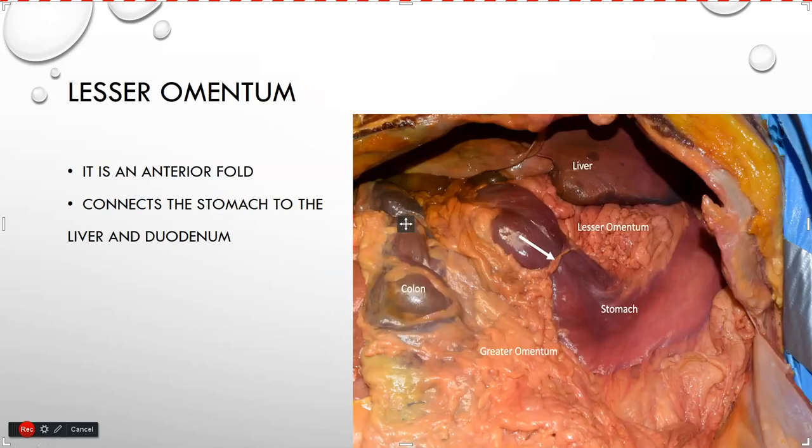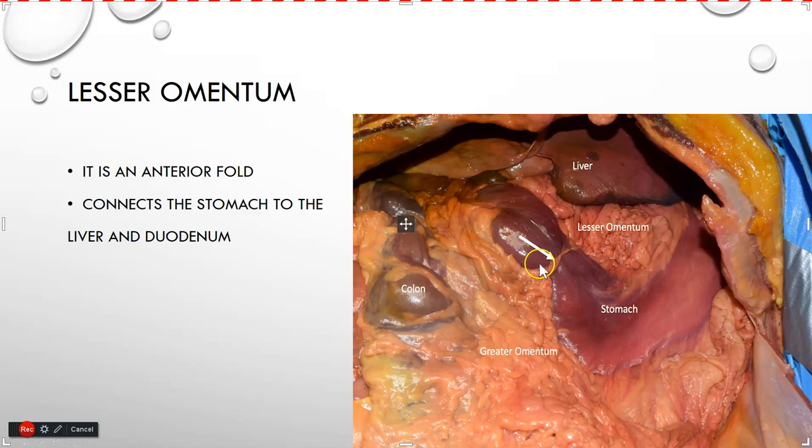The lesser omentum, very similar. It's an anterior fold as well, contains a lot of fat, but both the greater omentum and the lesser omentum also contain a lot of what's called connective tissue, because their other responsibility is to help kind of hold things in place. So basically what the lesser omentum does here, it connects the stomach here to the liver and to the duodenum, which you can't quite see here.